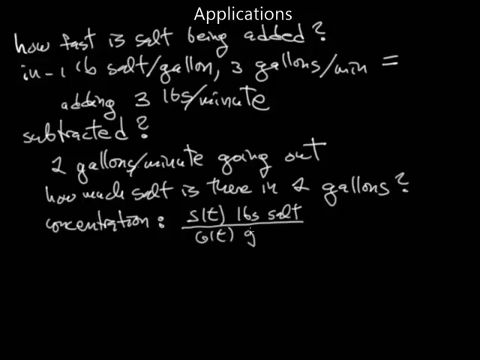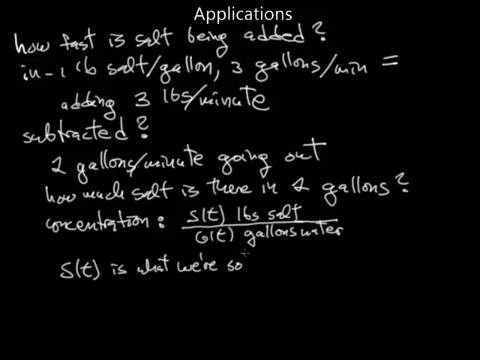I'll call that G of t for gallons of water. Both of those things are varying, but that's the concentration at a given time. And S of t is what we're trying to solve for, so we don't put in a formula for that. That's just going to be part of the equation, so you just leave that as it is.